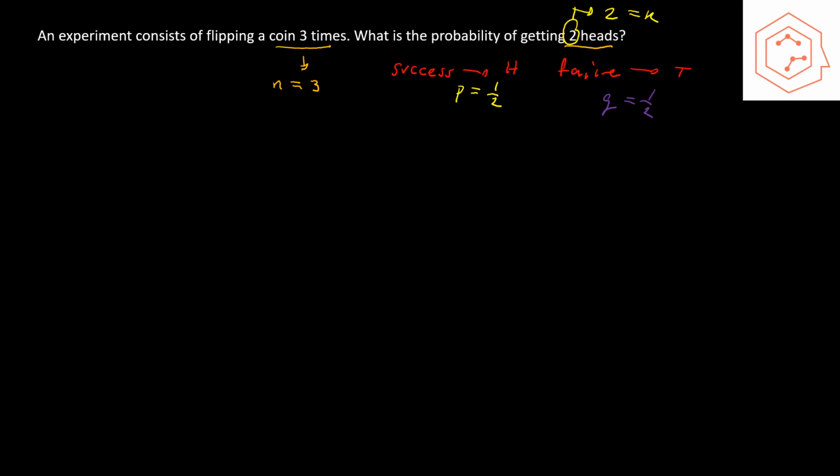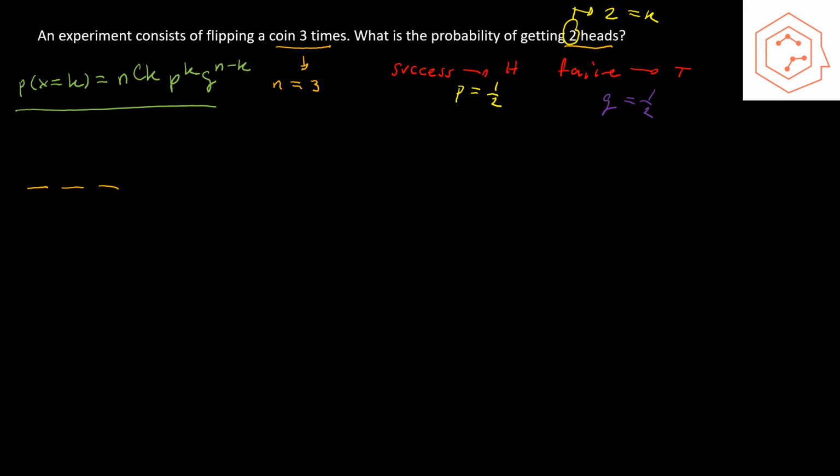So our formula was P of X equals k is equal to n choose k, p to the power of k, q to the n minus k. So let's see where this comes from. We have 3 trials, so 3 possible spots. And we want to know the probability of getting 2 heads.